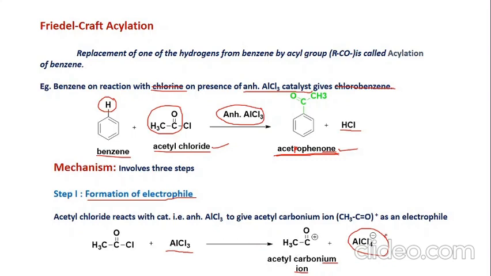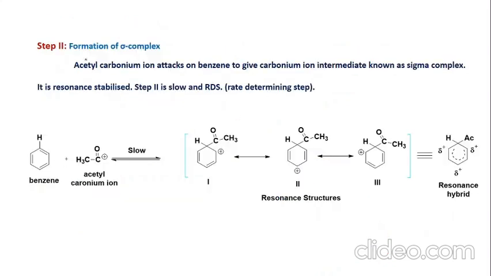And what happens in the next step? The next step is the formation of the sigma complex. This acetyl carbonium ion attacks benzene to give the carbonium ion intermediate, and this intermediate is known as the sigma complex. The double bond attacks this carbonyl carbon and gives three resonating structures, and the summation of these three structures can be written as a resonance hybrid.